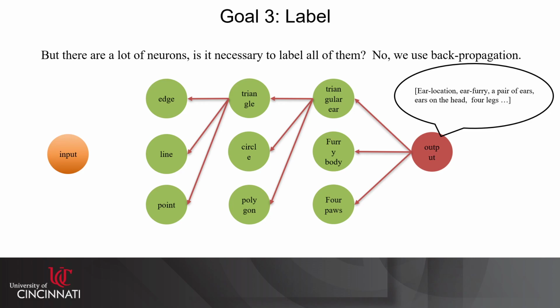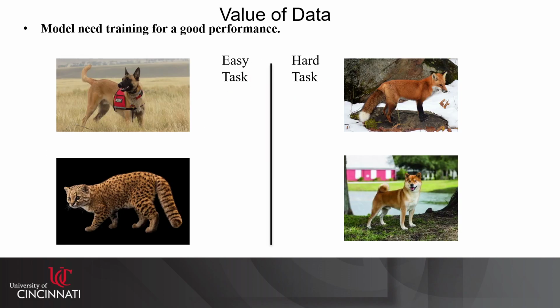And then we backpropagate once more to let the computer learn what a triangle or circle is, and how the combination of edge, line, and point makes a proper circle or polygon. So this is how a computer learns by itself. We only provide the final answer, and it will be able to trace all the way back and adjust each tiny neuron.